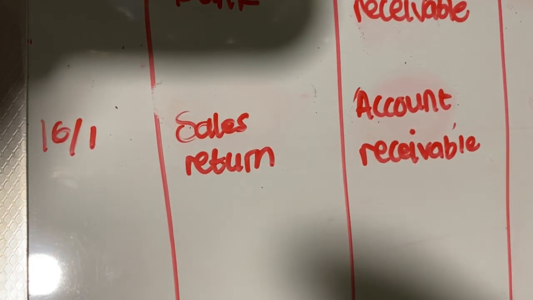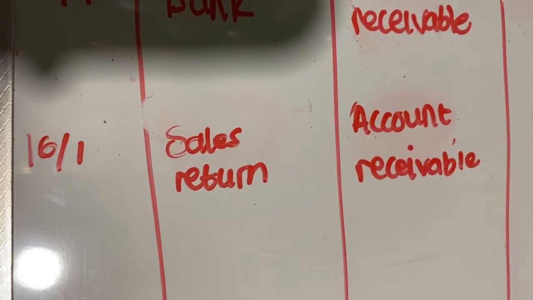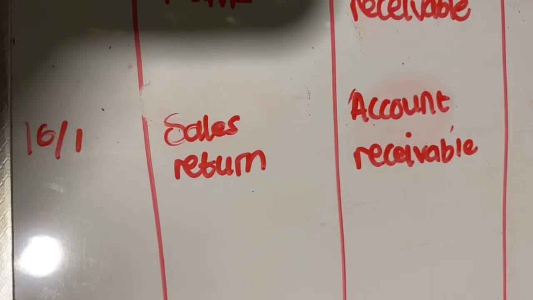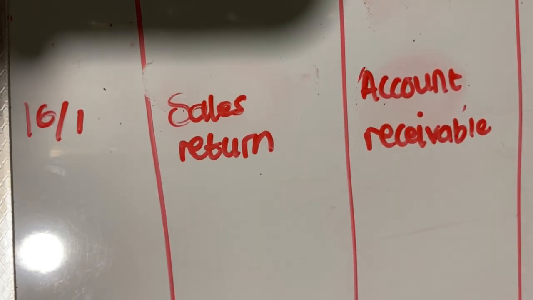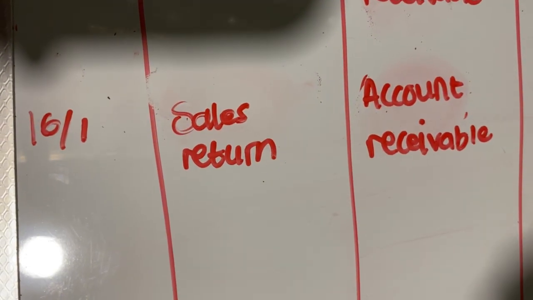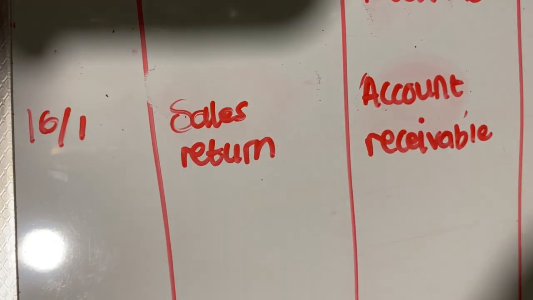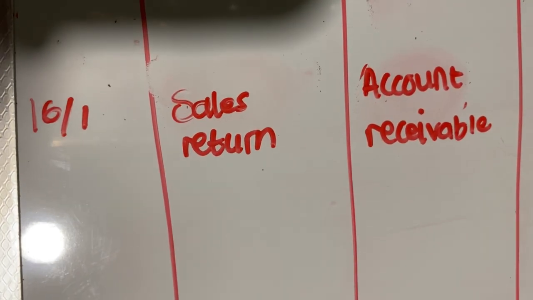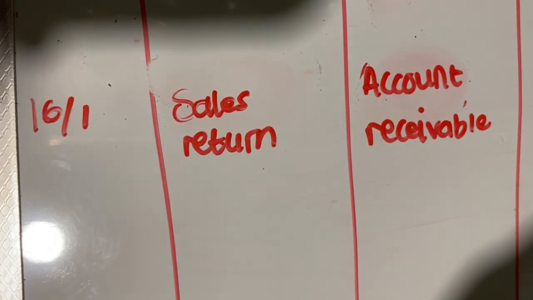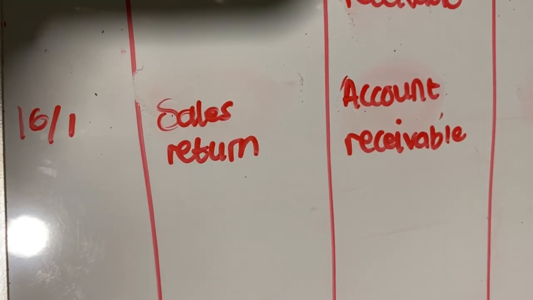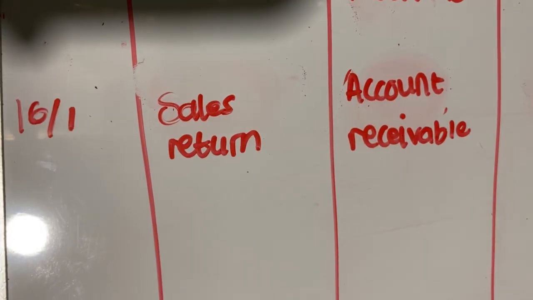Remember when they were getting our service on credit, the account receivables increased. Now because they are returning our item, we have to reverse the transaction. That's why now account receivable is being credited.